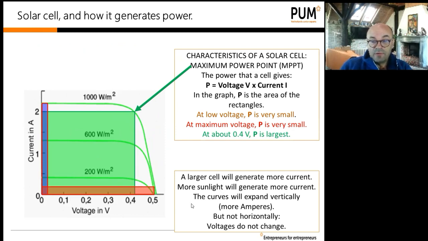And if you look at the curves, it will expand vertically. You have more amperes, but not horizontally. Horizontally, the voltage does not change. It's the same. So at this point, the voltage is about 0.4, and in that case, you have about 2 amperes. And that's what you want.